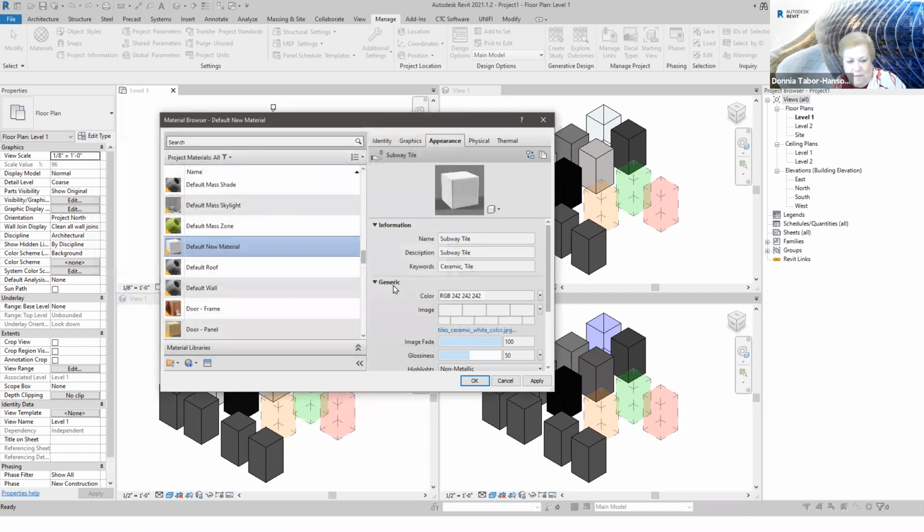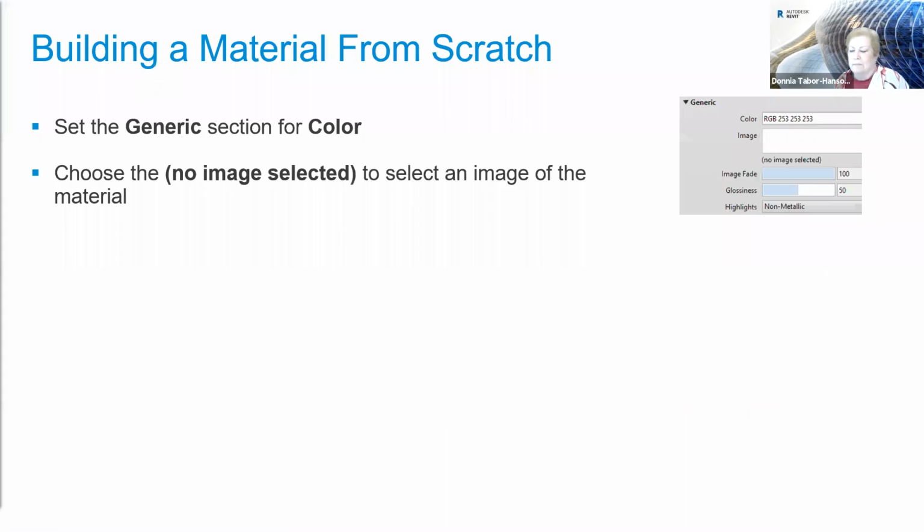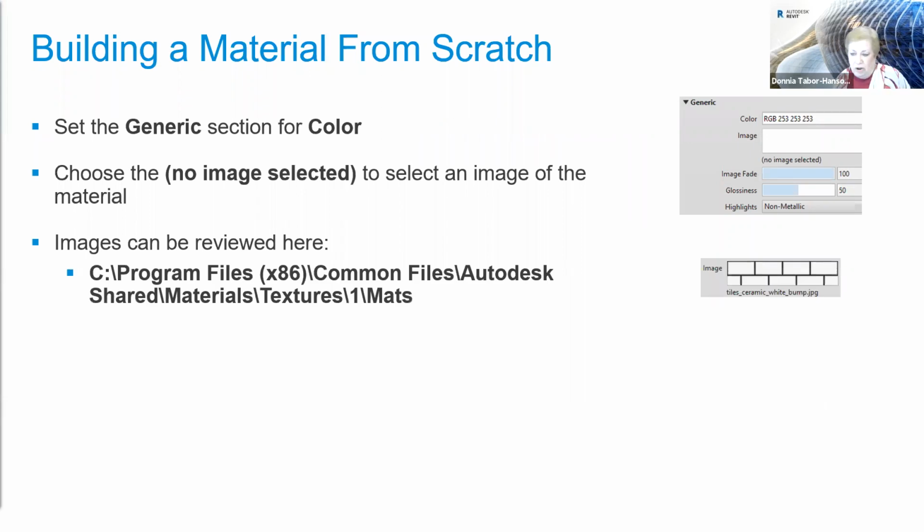So this is the tile that I want. And so, by the way, the images can be reviewed here. I'm going to put this path in the chat so that if you want to go just play around looking at images, you can go there. Okay.